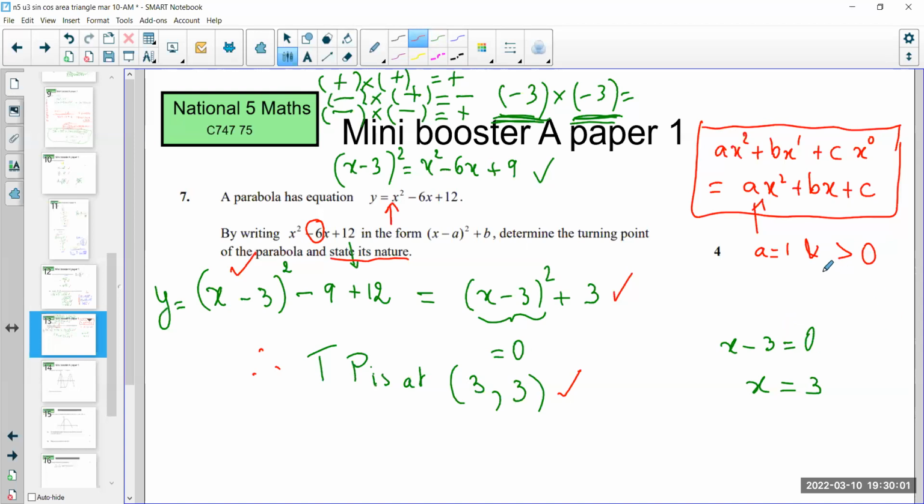Positive means smiley face. I'm positive, I'm smiling. Means my parabola is hitting a minimum turning point. So you need to write here minimum turning point, and that gives you your last mark.